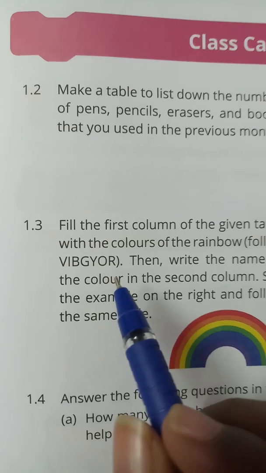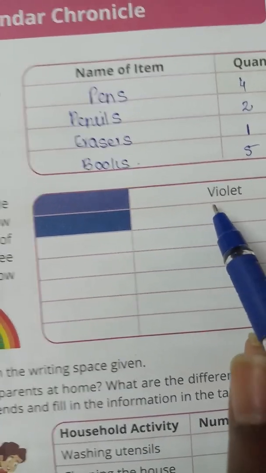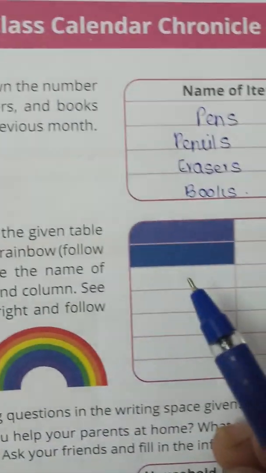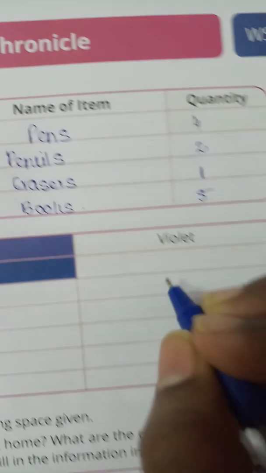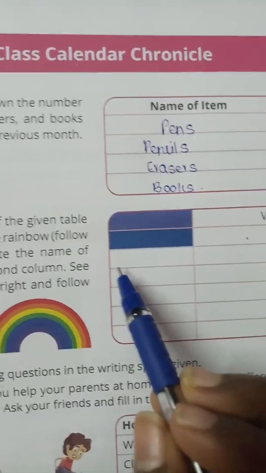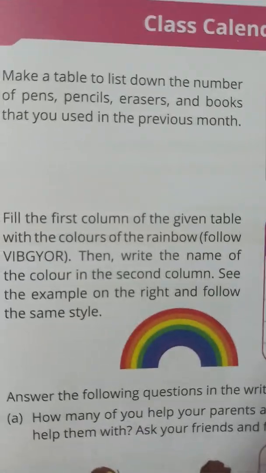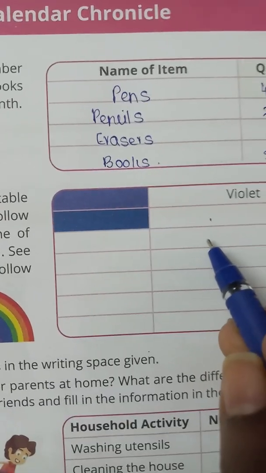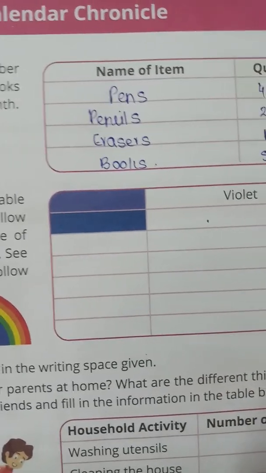So here we all know VIBGYOR. VIBGYOR is the rainbow colors. The first one is violet. Violet is already there and they give the violet color. I means indigo. Here is the indigo color and here we need to write indigo. Then here you need to give blue, and in the third column you need to write blue.